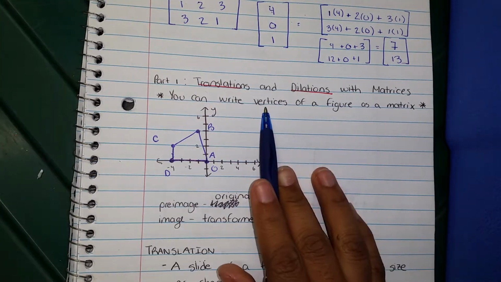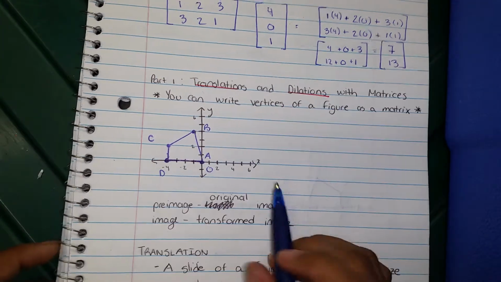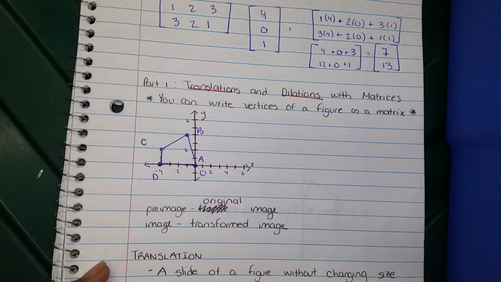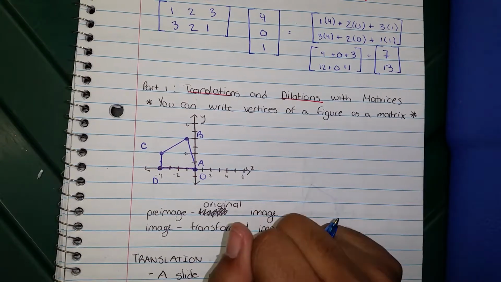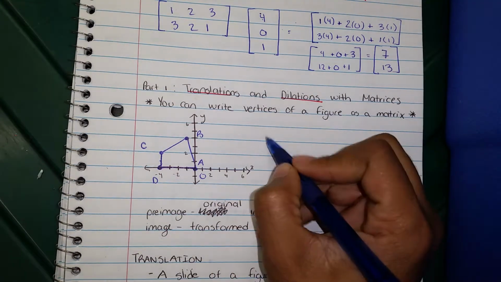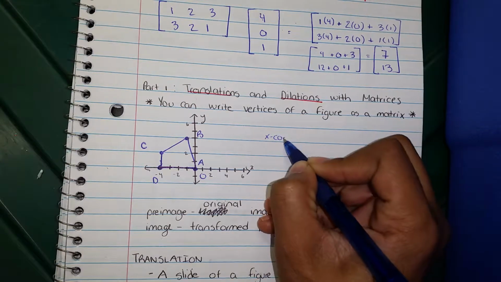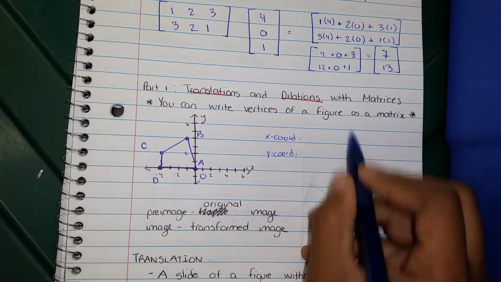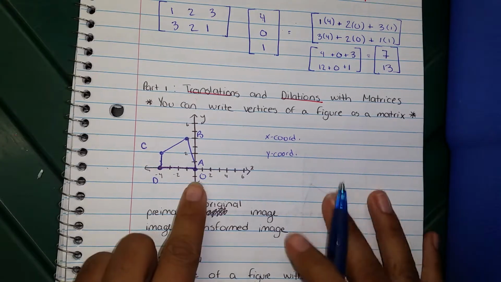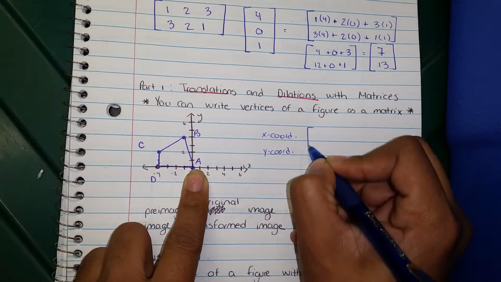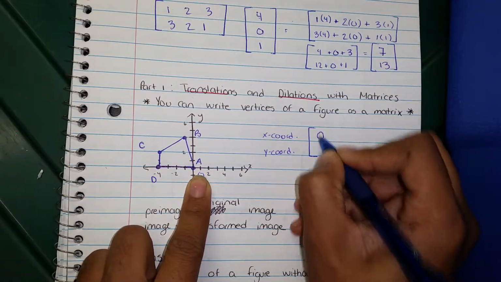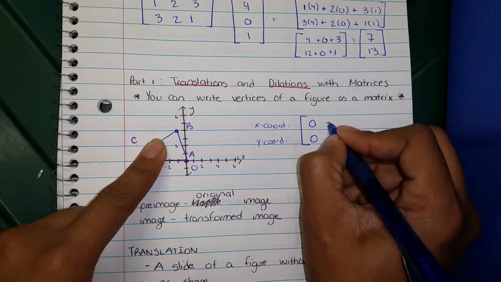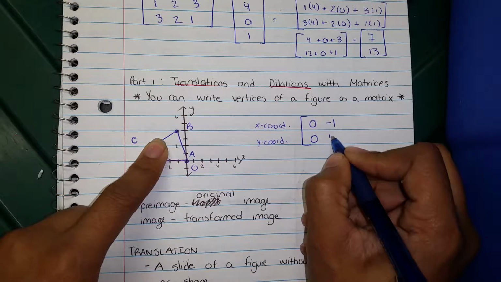Well, you can write vertices of a figure as a matrix, which means I can write all of these vertices in matrix form. A 2x4 matrix. The 2 rows represent the x coordinates and the y coordinates, and the different columns represent the points. So here, this A point has x coordinate of 0, y coordinate of 0. My B has an x coordinate of -1, a y coordinate of 4.